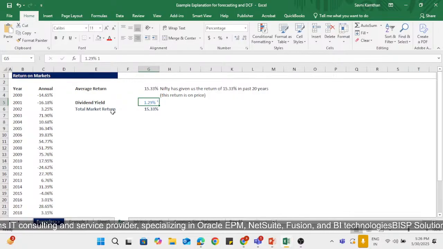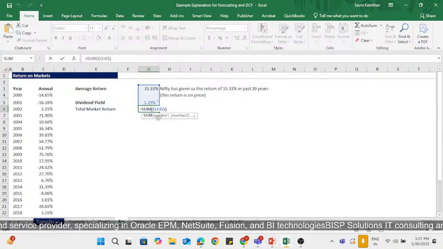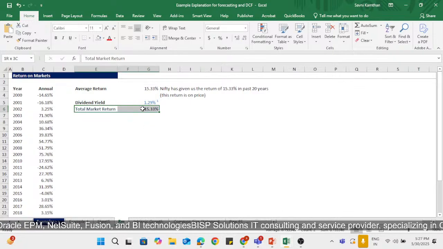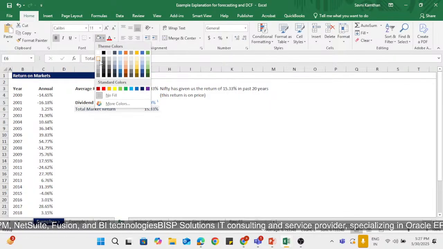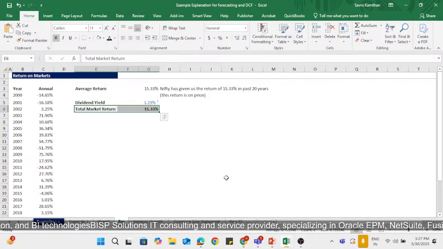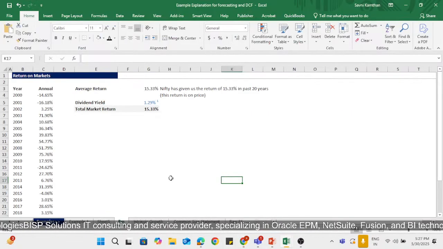Now to calculate my total market return, I have taken a sum of these two, and I will get 15.33% as my total market return. This will be black, right? So this is how we can calculate our return on market.